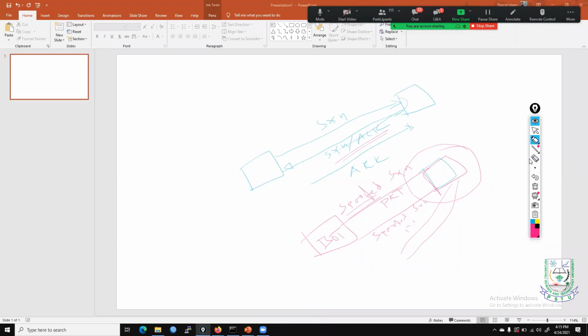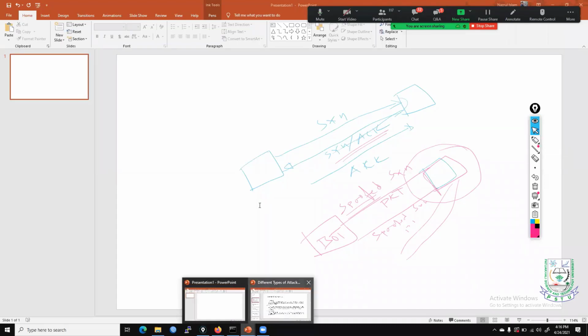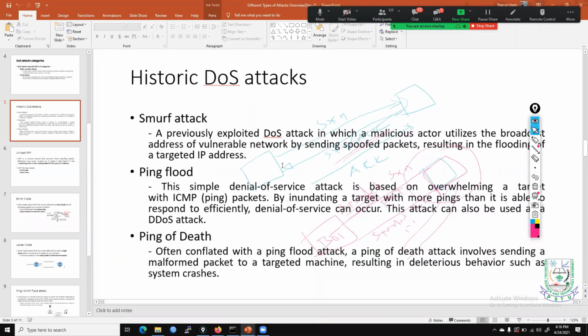So this is also the kind of attack that's called SYN flooding. So we actually learned many attacks like the TCP SYN attack, HTTP attack, ping attack, and smurf attack, right? Those kinds of attacks are actually the smurf DDoS attack.